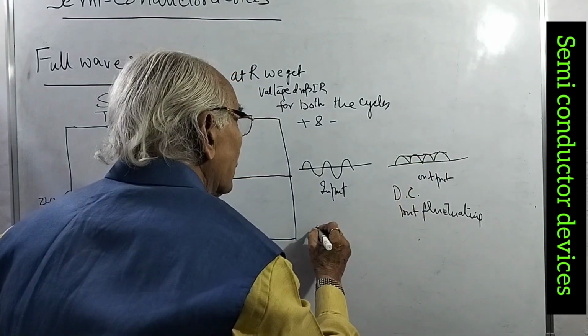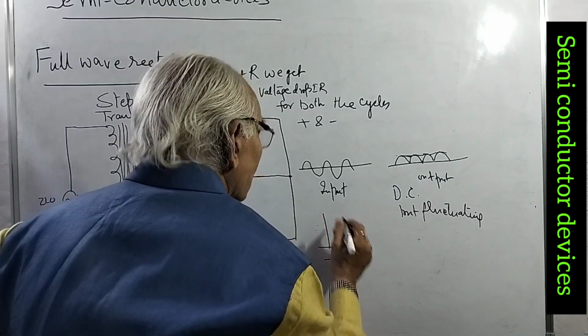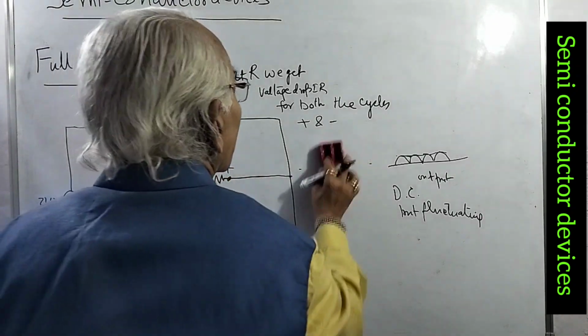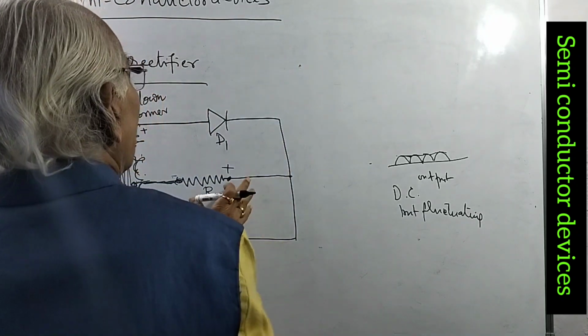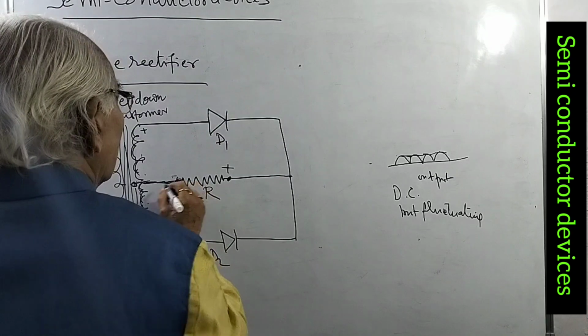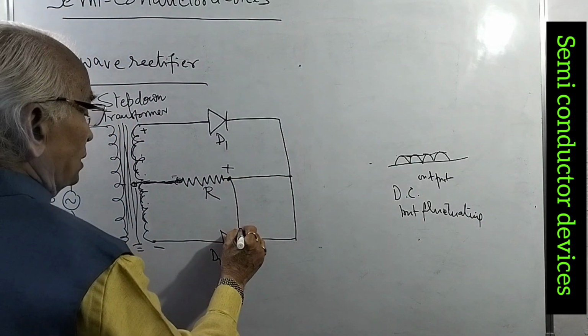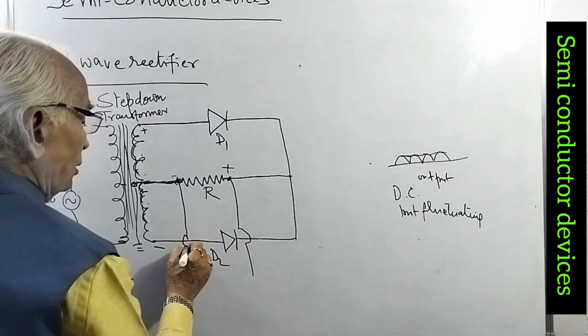If we connect a filter circuit like, say, a capacitor, at the output here, we can correct this output voltage.